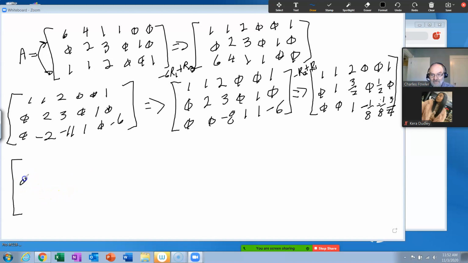Middle row we're leaving alone: 0, 1, 3 halves, 0, 1 half, and 0. And then minus row 2 plus row 1: 1, 0, negative 1 half, I think.